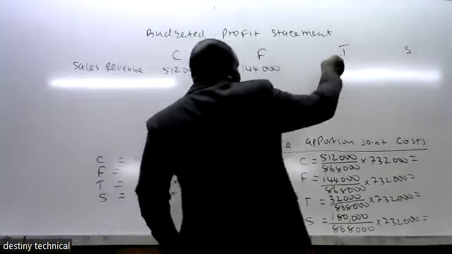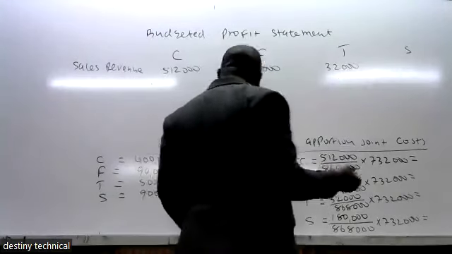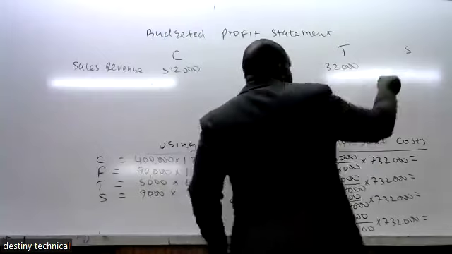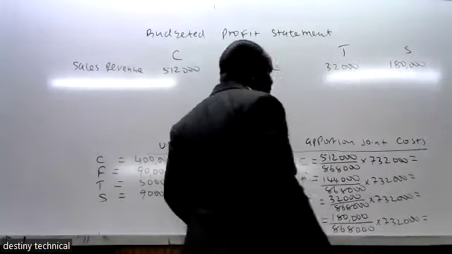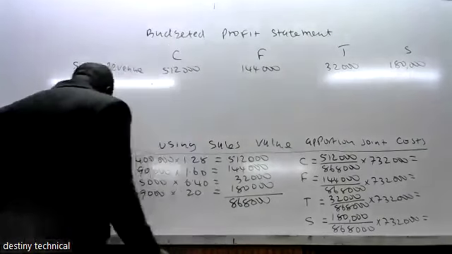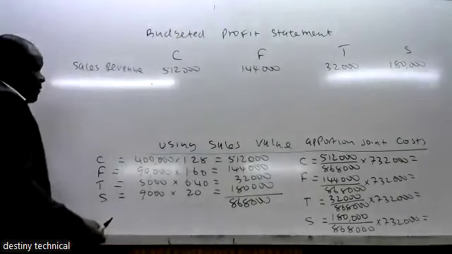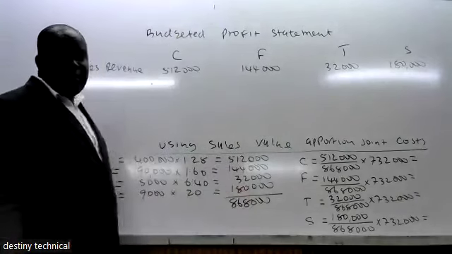T is 32. Then S is 180. So for the sales we use the figures that we have just calculated.